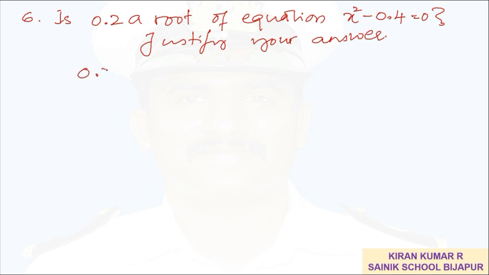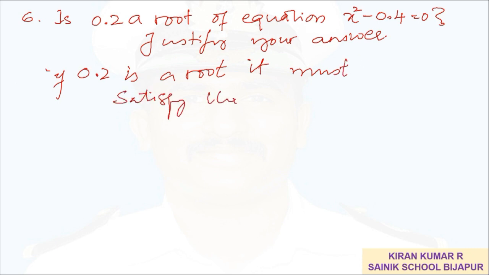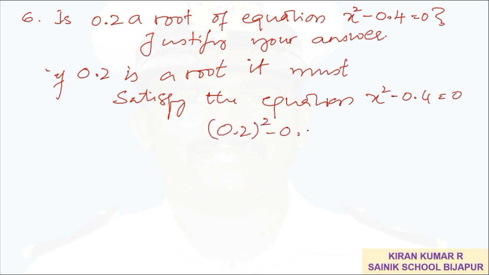Suppose 0.2 is a root, it must satisfy the equation x square minus 0.4 equal to 0. If you do that, 0.2 whole square minus 0.4, we get 0.04 minus 0.4.